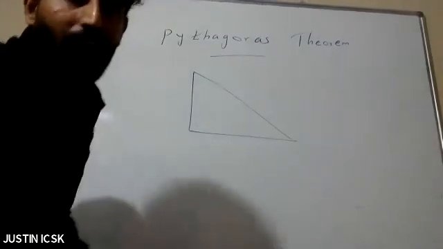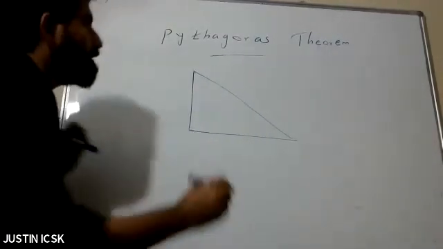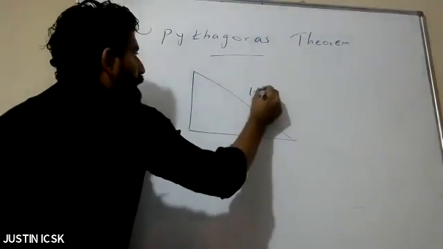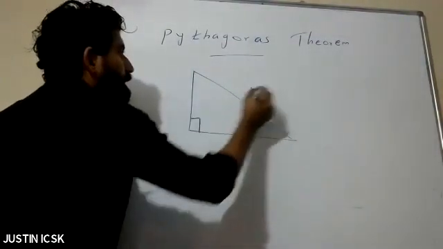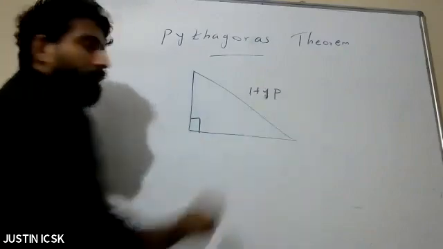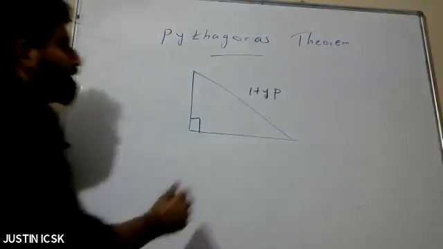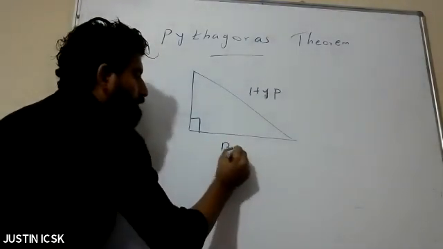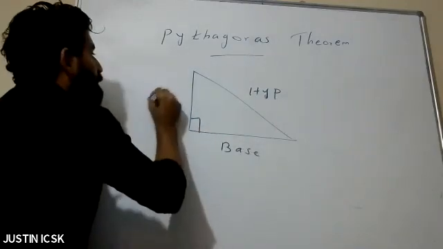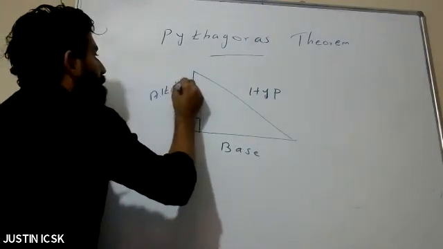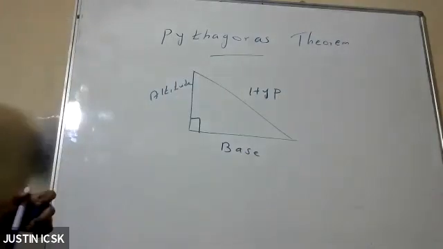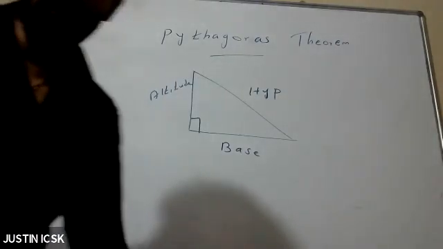A right angle triangle has 3 sides. This is called the hypotenuse, opposite the 90 degree angle. This is called the base, and this is the altitude.